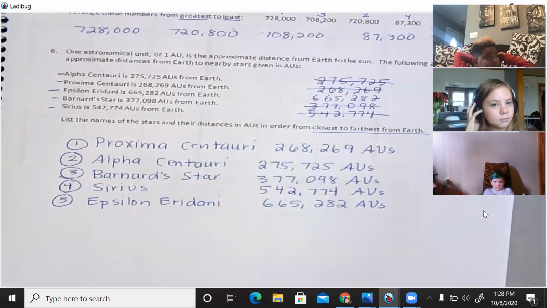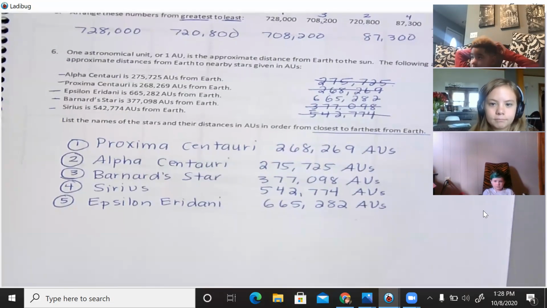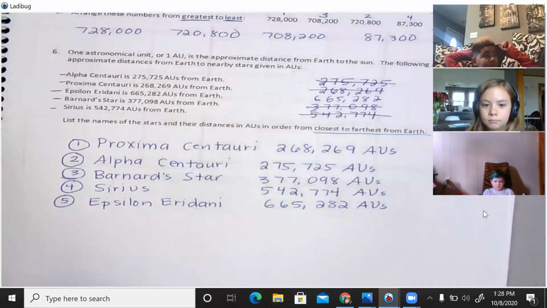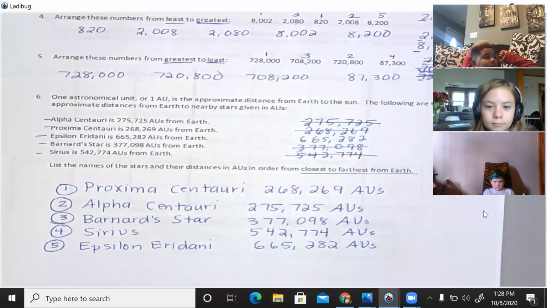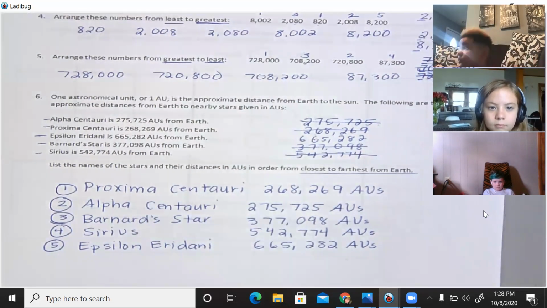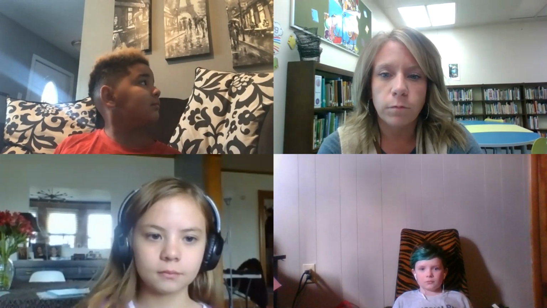Okay, do you guys have any questions about ordering numbers? Let me ask you this question. If you see a whole list of really big numbers, what's something you could draw to help you organize them so it's easier to see which one has more digits in its place value?